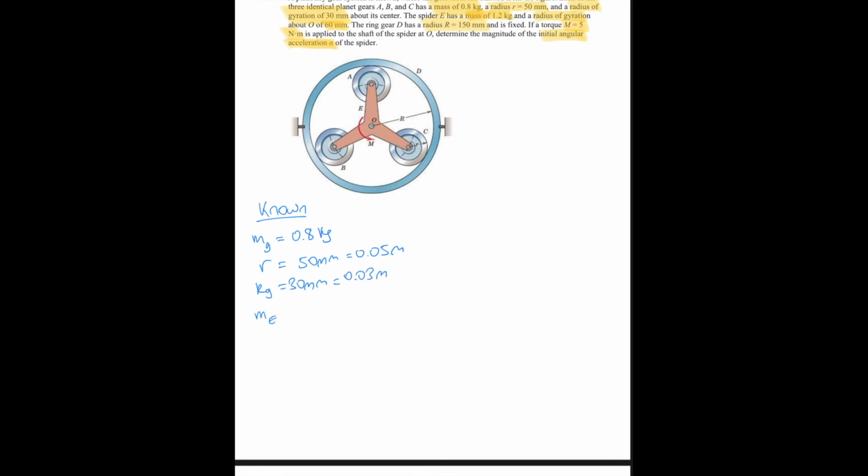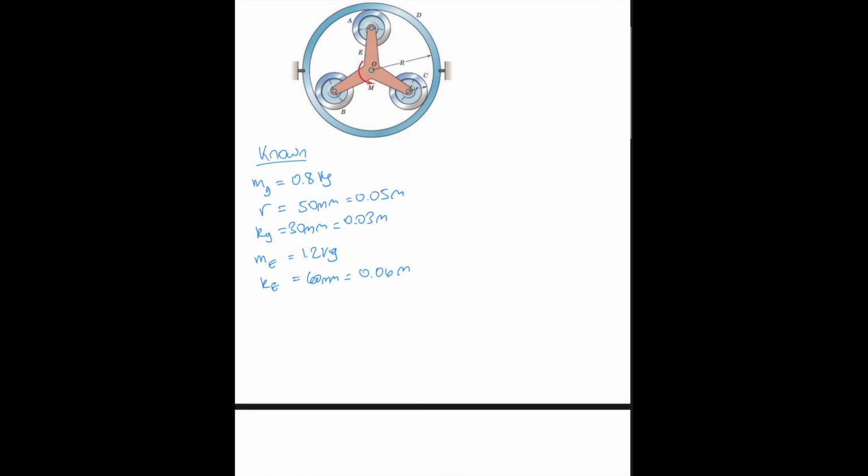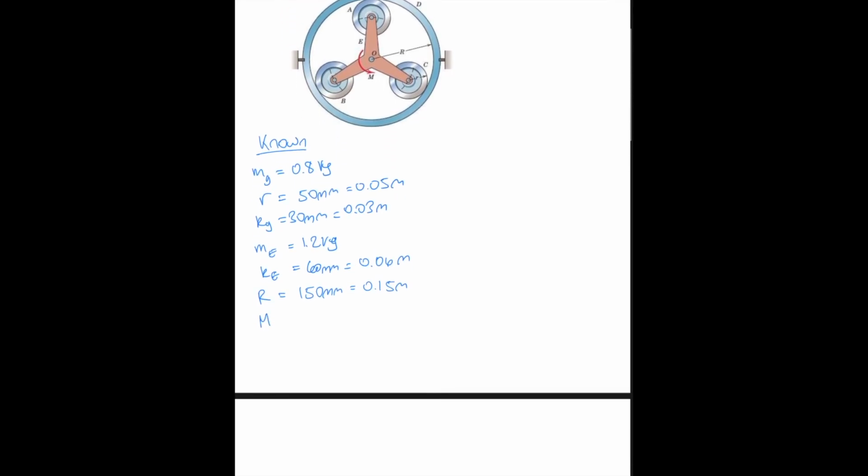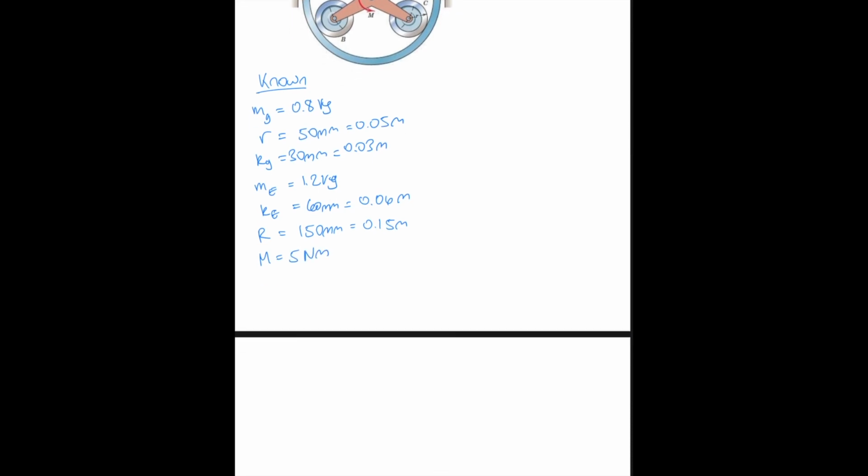The mass of E, the spider, is 1.2 kilograms, and it has a radius of gyration of 60 millimeters, or 0.06 meters. The radius of D, the whole wheel, is 150 millimeters, or 0.15 meters. And the torque applied, M, is equal to 5 newton meters. We want to find the angular acceleration of the spider E.